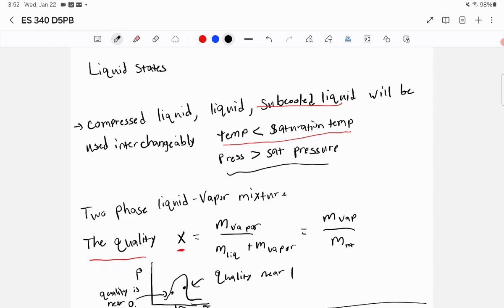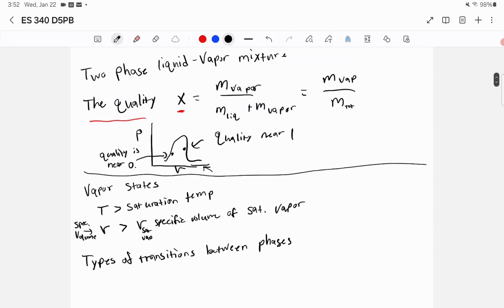So I would then switch over to the compressed table. Same if the temperature was less than the saturation temperature, again, I would switch over to that compressed table. Similarly, we can do things with superheated. If you start at the saturation table and you find out that the temperature you're dealing with is actually greater than the saturation temperature, then you have to jump over to the superheated table.